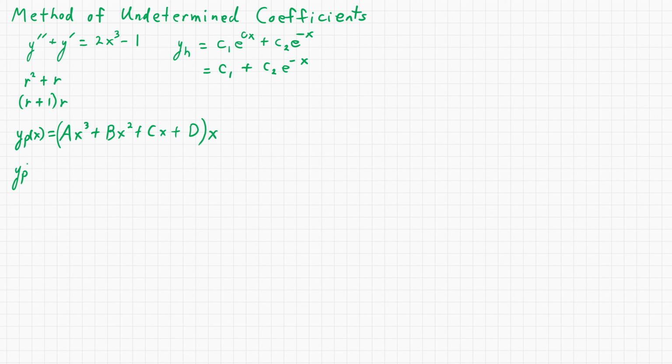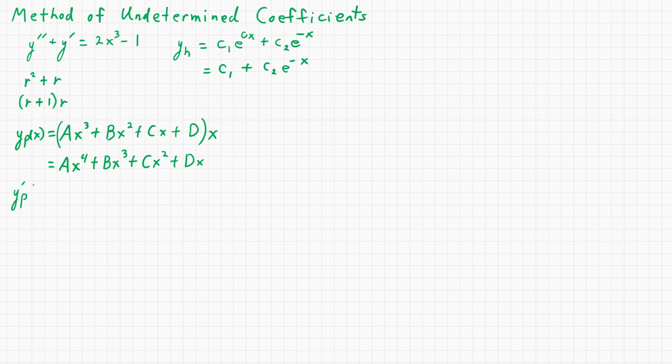So y particular of x, let me write out the x passed through. It's a little easier to take the derivative. So that's ax to the fourth plus bx cubed plus cx squared plus dx. And now I'm going to take a derivative.